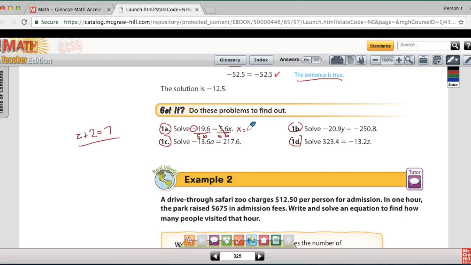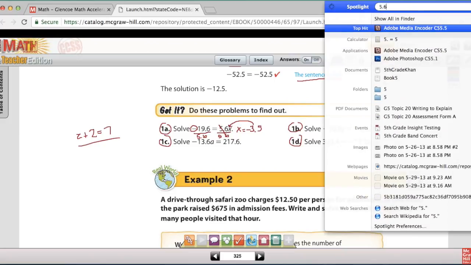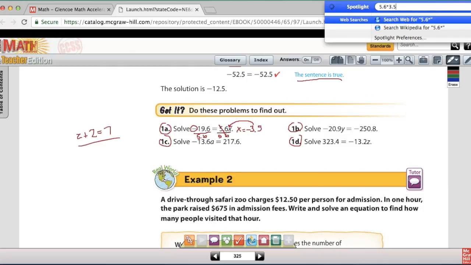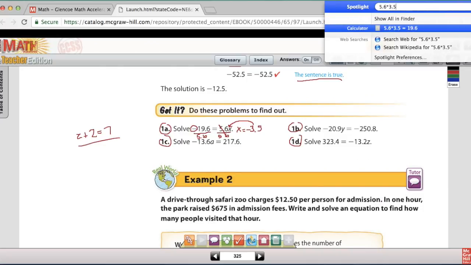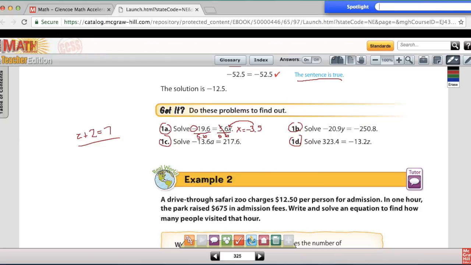X is equal to negative 3.5. And I can check my answer by putting that answer in for X. 5.6 times 3.5 is 19.6. And of course the negative sign makes my answer negative. So the answer to 1A is negative 3.5.